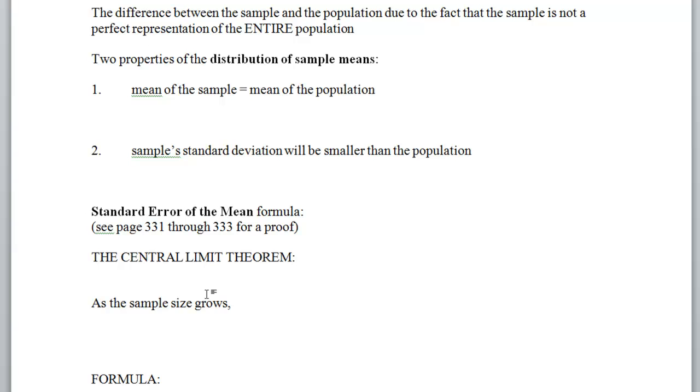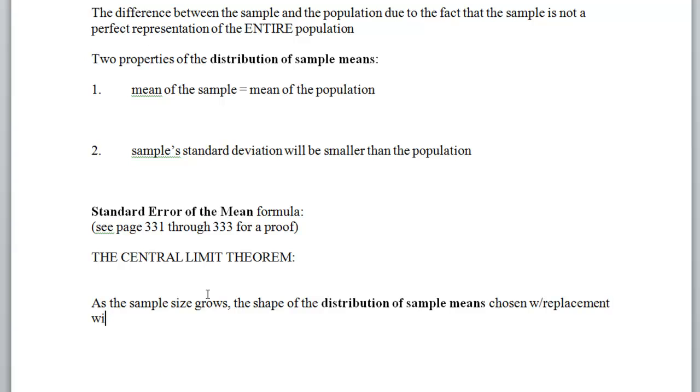As the sample size grows, the shape of the distribution of sample averages, or sample means as the book says, chosen with replacement, with mean of mu and standard deviation, will look more and more normal.